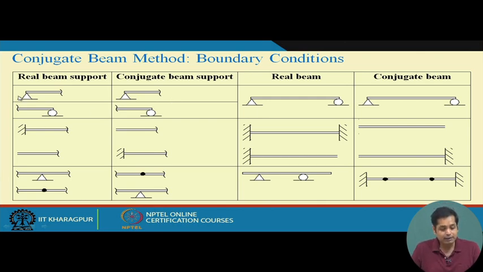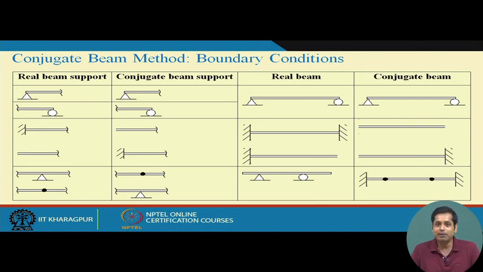Since in this case the deflection is 0, in the conjugate beam the bending moment at this end should be 0. Since at the real support the slope is non-zero, the conjugate beam shear force has to be non-zero.